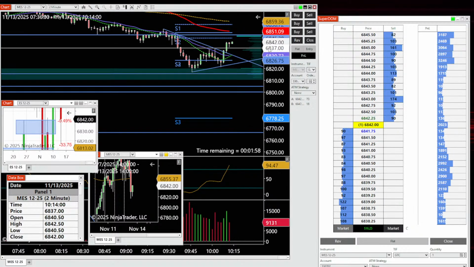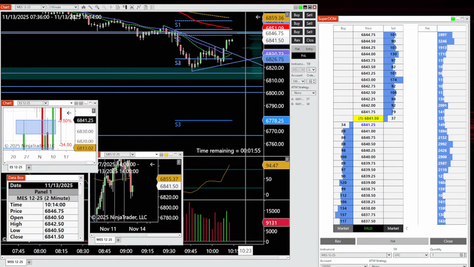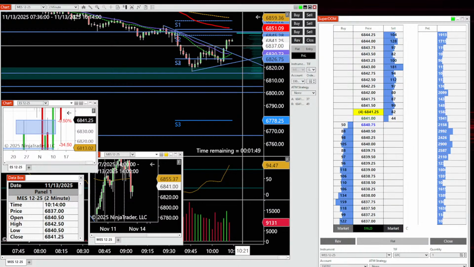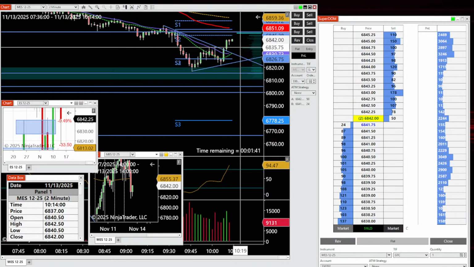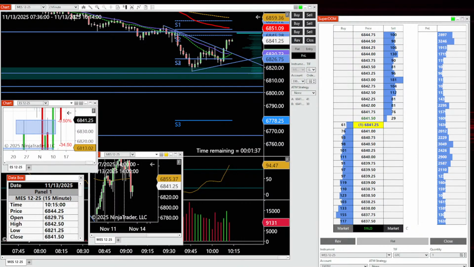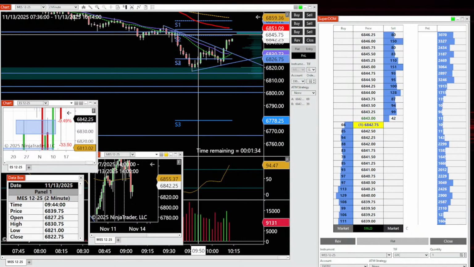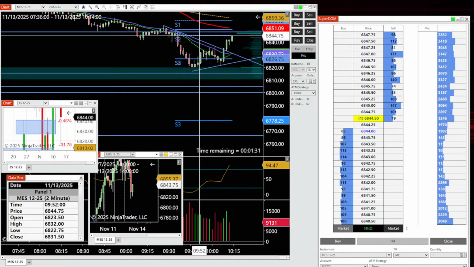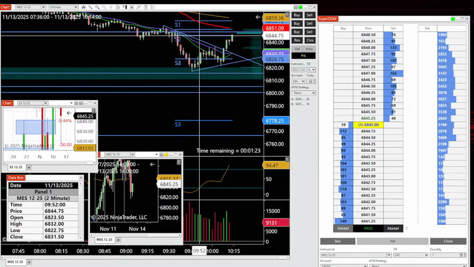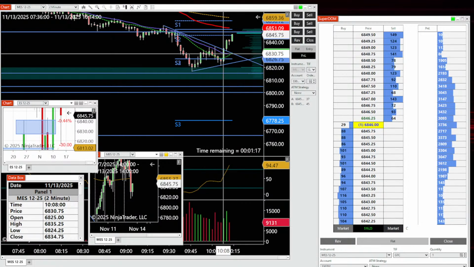Starts to push. We got some orders coming above 46.25. Where we at? We at the 45. 45, okay, 45. We're getting a push up into the 45 level.